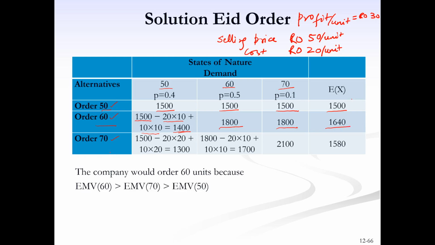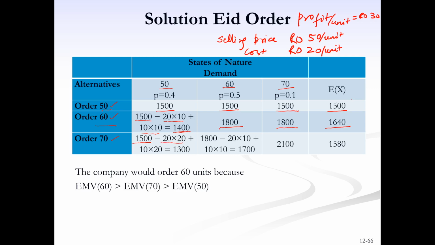And if we order 70 units and the demand is 50 units, then of course we will be able to sell 50 units only, and the payoff will be 1500, and 20 units are unsold. So 20 multiplied by the cost per unit, which is 20 again.